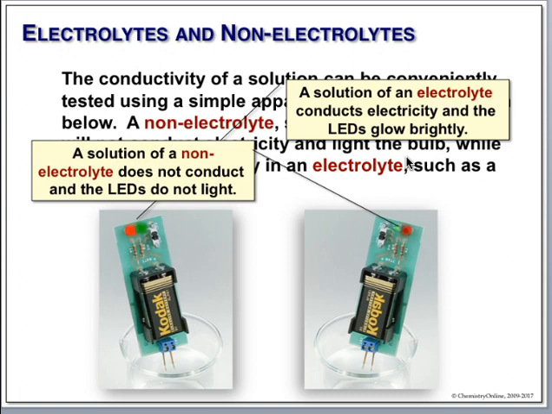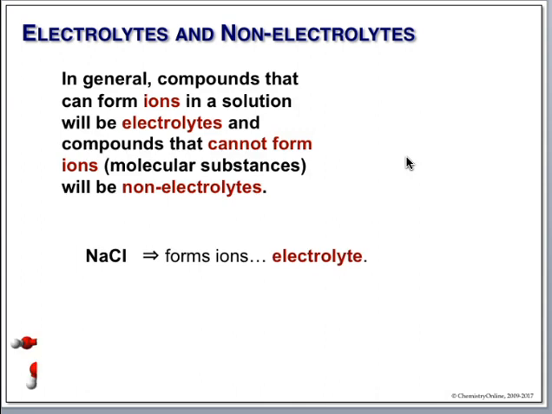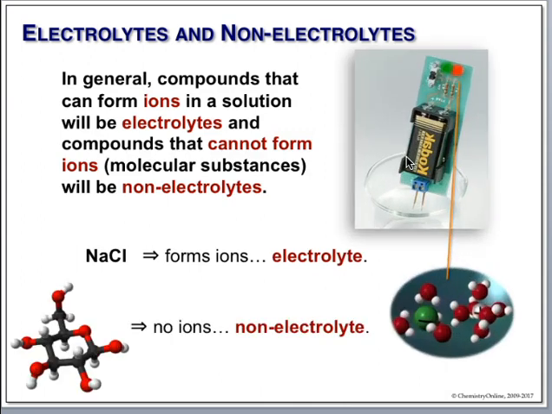Now, what's the difference between electrolytes and non-electrolytes? It's actually incredibly simple. Electrolytes form ions. If you have an ionic compound, or a compound that can dissociate to form ions, that will conduct electricity. That is an electrolyte. Simple bottom line.